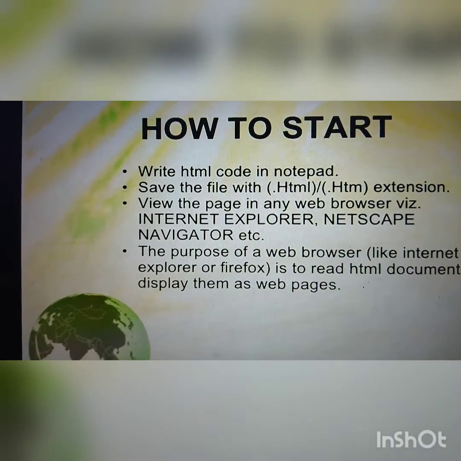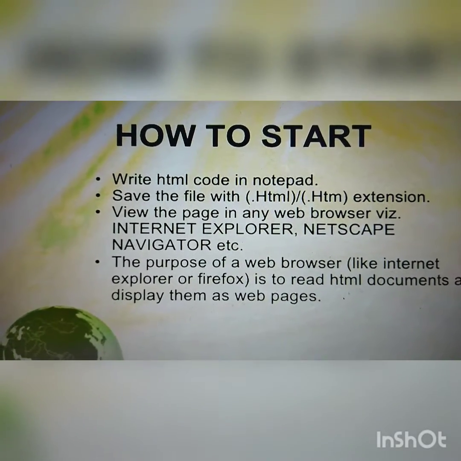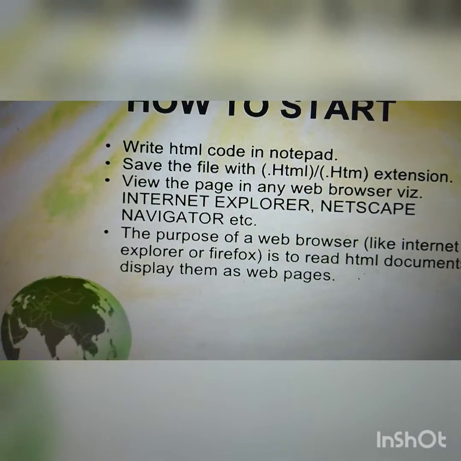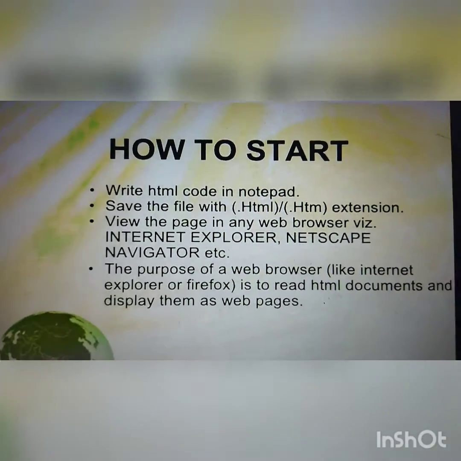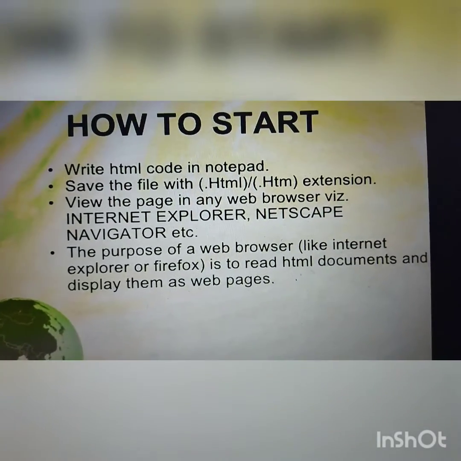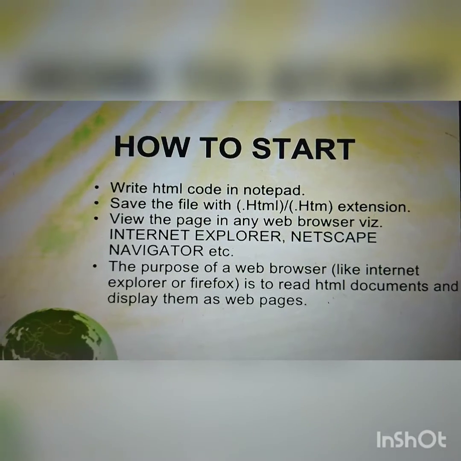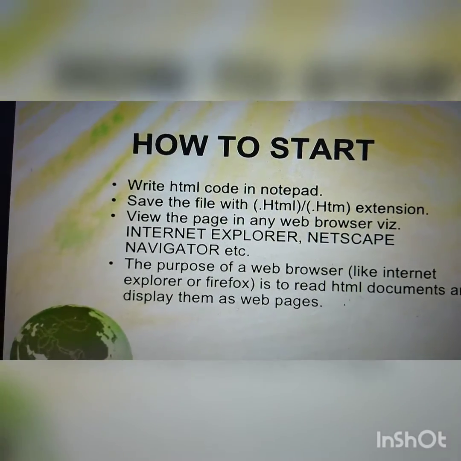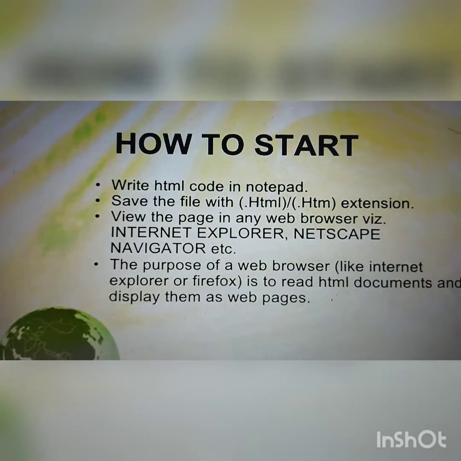So students, how to start properly? First of all, write HTML code in Notepad. The second thing is to save the file with .html. That is the extension of the HTML language. Then view the page in any web browser.